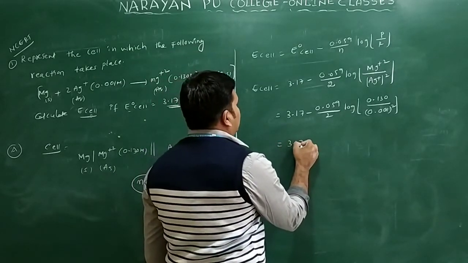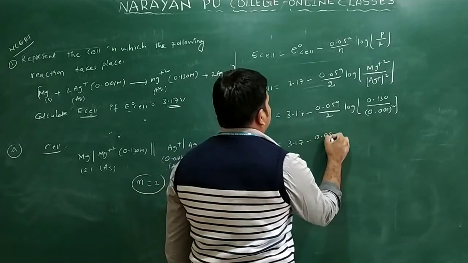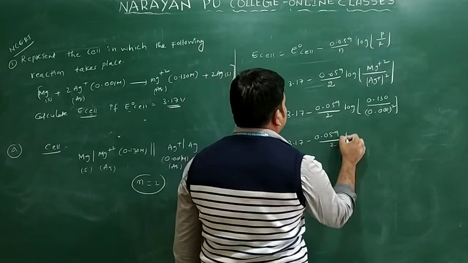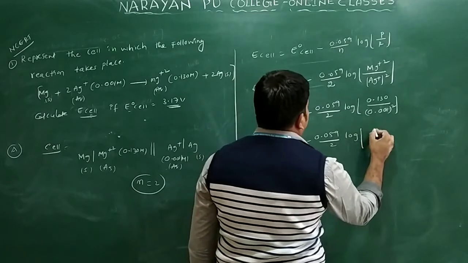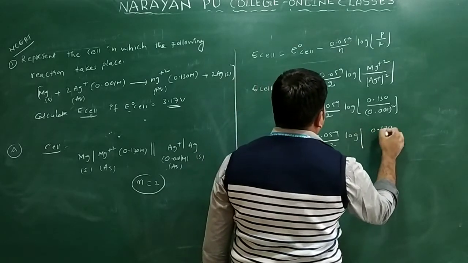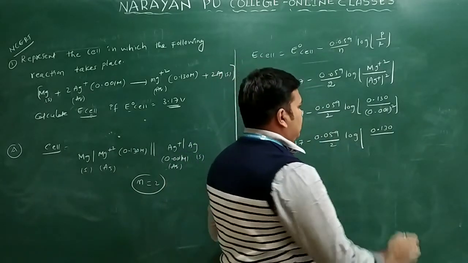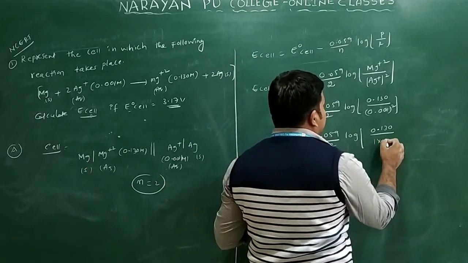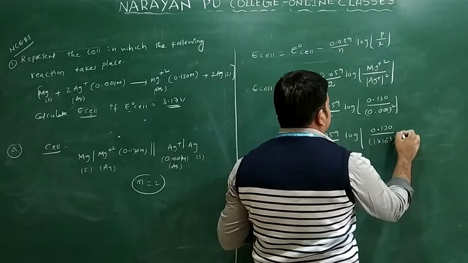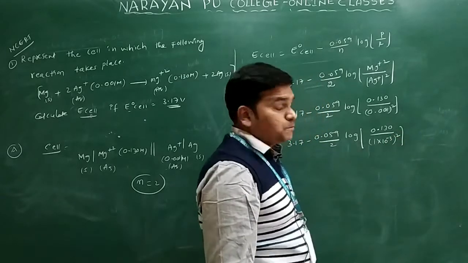This is 3.17 minus 0.059 by 2 into log. I will write this one 0.130. Can I write here 1 into 10 power minus 3? Okay, so I will write 1 into 10 power minus 3 whole power 2. Clear?